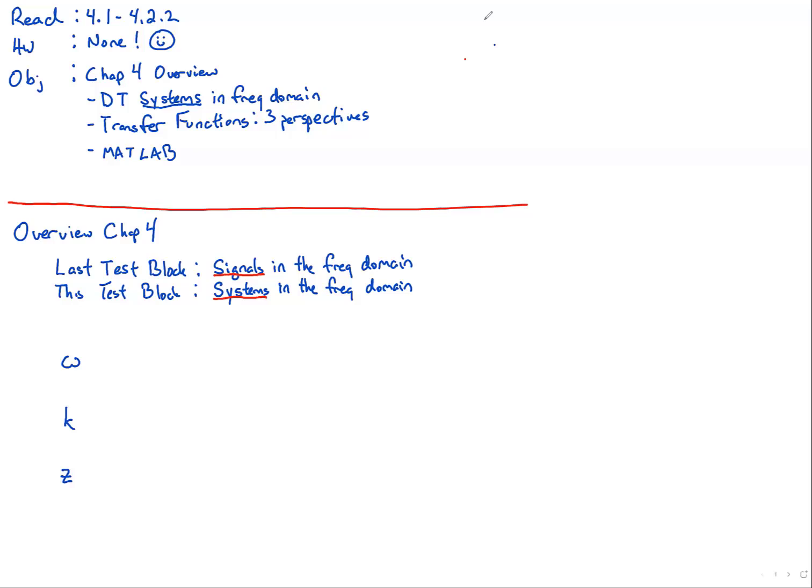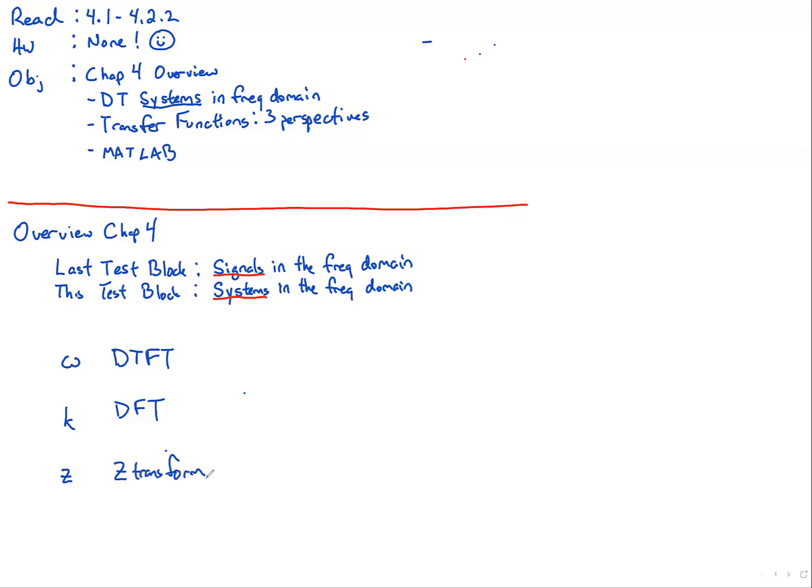This exam block, instead of looking at the difference equation or the H of n, the impulse response, we're going to be asking ourselves, what is going on from the DTFT perspective of the transfer function, the DFT perspective, or from the Z transform perspective.